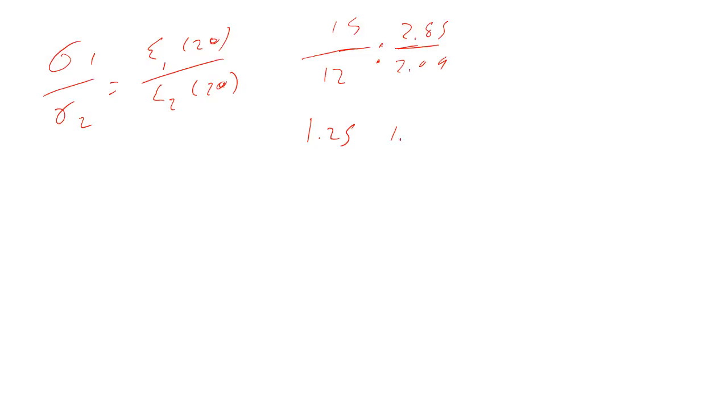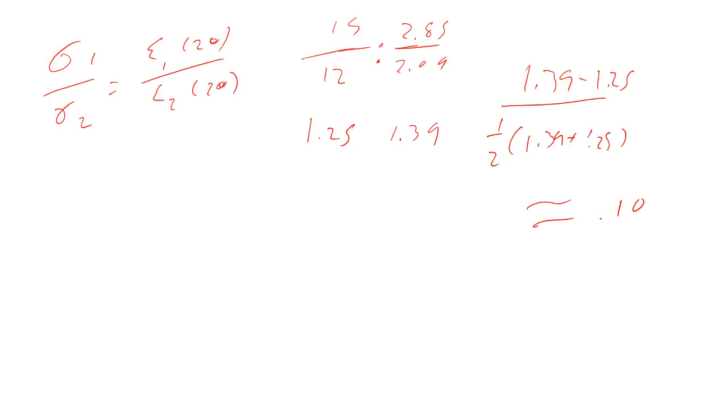So we end up with 1.25 to 1.39. And since we don't know which is the base, we can just do a standard error calculation: 1.39 minus 1.25, over 1/2 of 1.39 plus 1.25, and that gives us about a 10% error at this particular strain value.